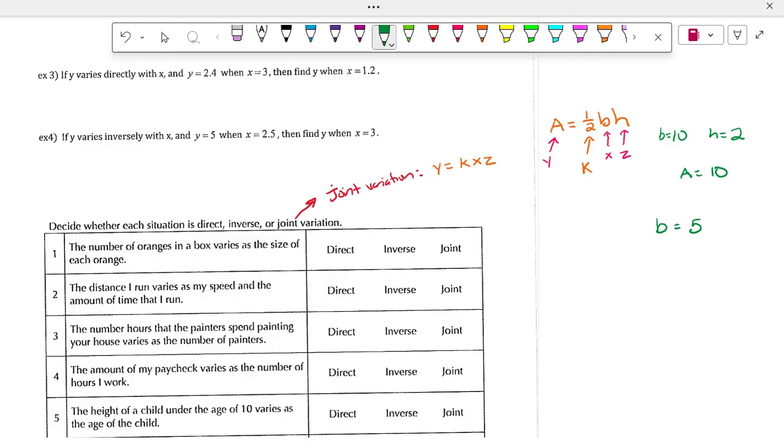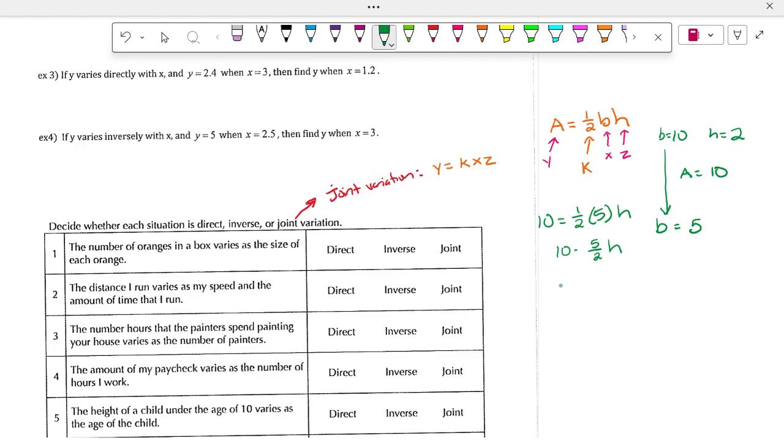So that means I have 10 is equal to 1/2 times 5 times height. So in other words, I made the base lower. So what do you think is going to happen to the height? It's going to go higher. So this is 10 equals 5/2 h.